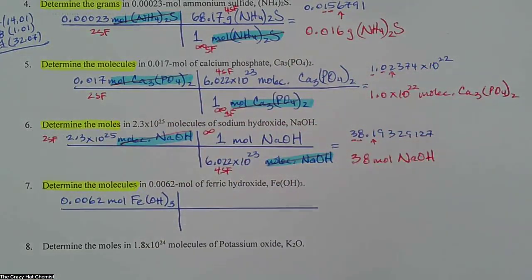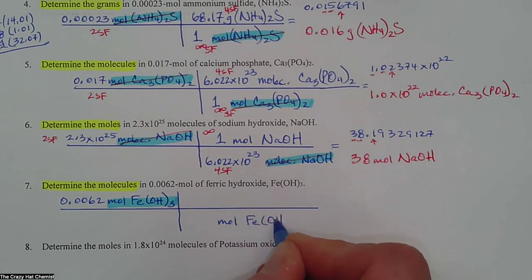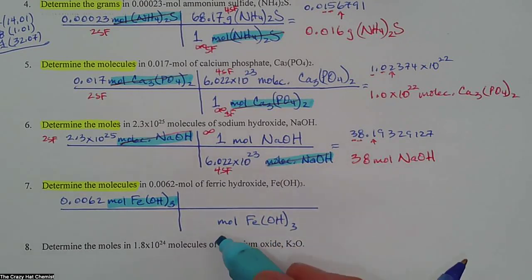I help you, the viewer, out. Whatever the units and formula are in this numerator term will be the same units, moles, and the same formula, Fe(OH)3.